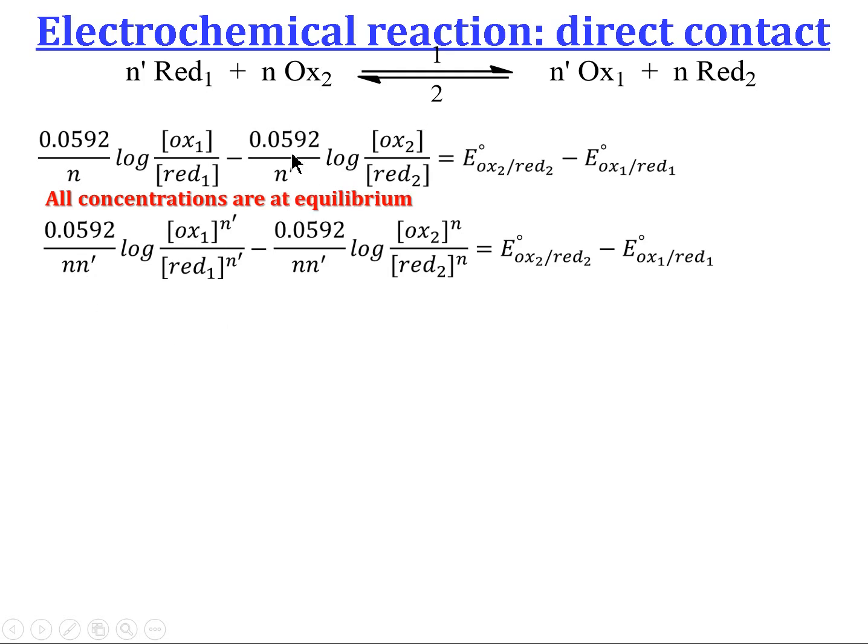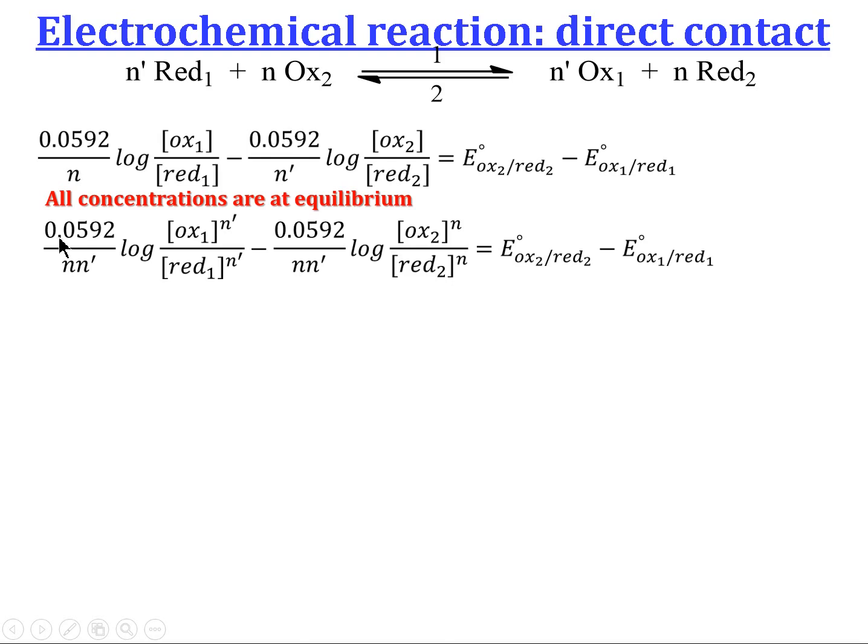And in the second part of the expression, we multiply by the factor n, so we put Ox2 to the power n and Red2 to the power n. So this relation will take this form.